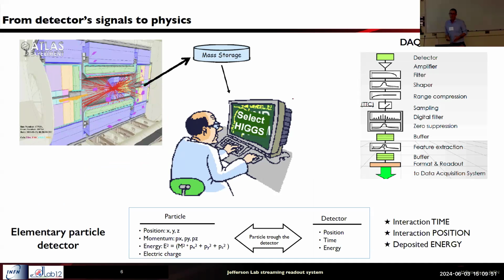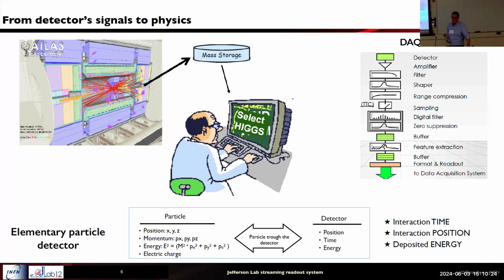You have to take these signals, amplify, filter, and put them together, and you have to identify your particles. At the end of a long list of actions, if possible, you can select the Higgs particle. Same thing for all experiments in nuclear and high energy physics: more or less complicated, more or less sophisticated, but exactly the same chain applied to any experiment.